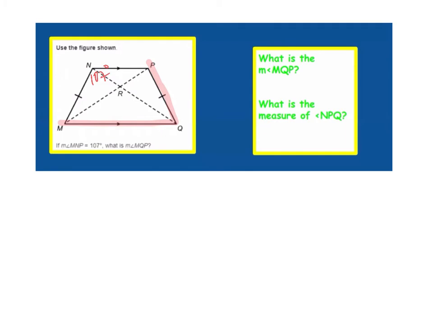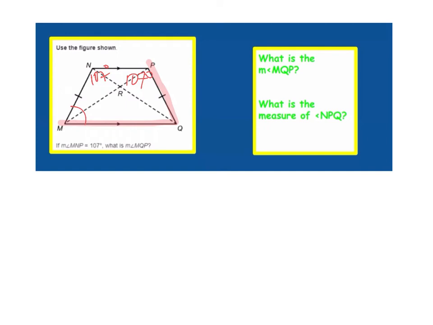Okay, so let's work ourselves around. 107, so it's got to be supplementary to this angle right down here, or it's congruent to this angle over here, 107 degrees. Either way, I'm trying to find MQP, so I think it's probably better to go with the congruent one, angle P.